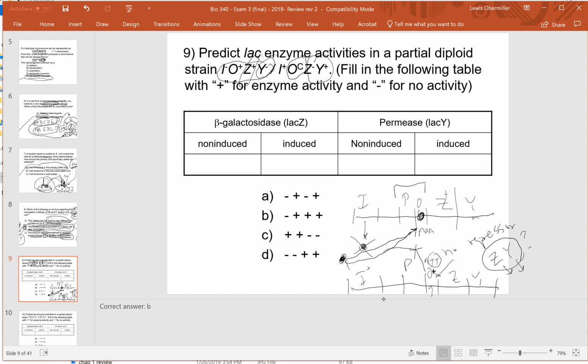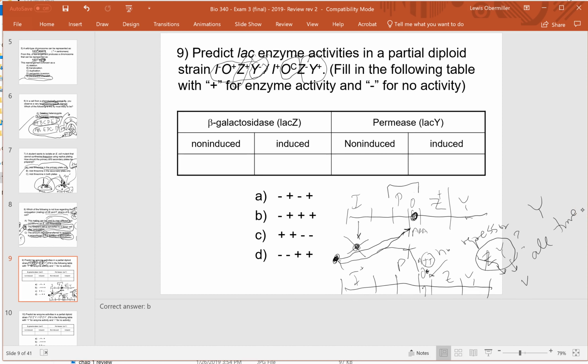So in this one, Z is broken and Y is good. So Y is going to be made all the time. And so we know that Y is going to be there. Plus and plus no matter what.